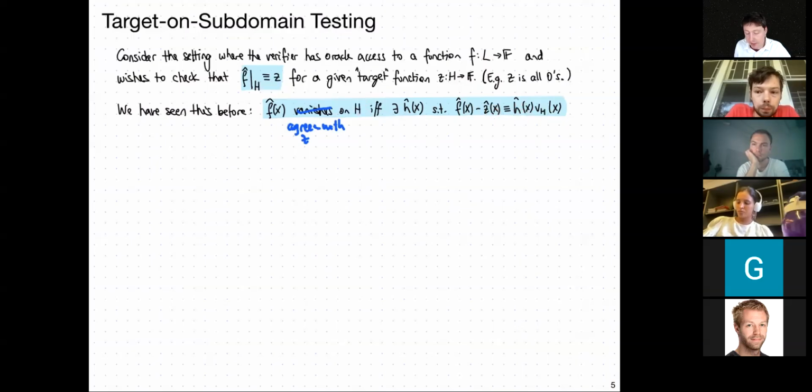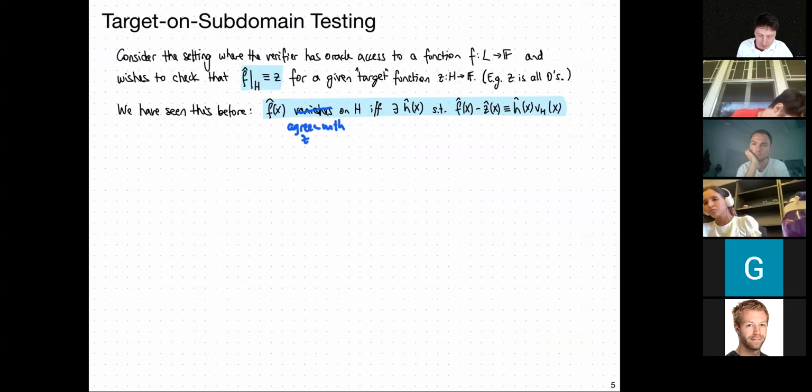We have seen this already, I think, twice. Once in the linear PCP for R1CS, bundling together all the equations into one check, right? And you probably have seen this again in one of the worksheets, in one of the alternative ways of doing zero and subcube test. So you've seen similar things before.